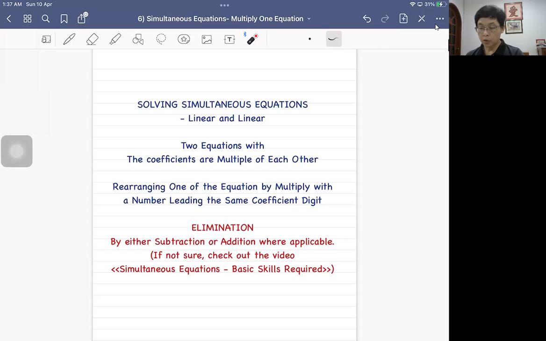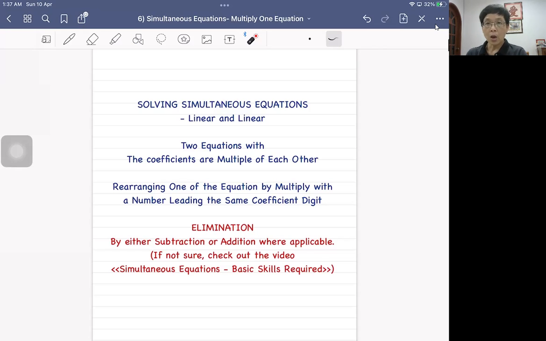Now, I've also stated there that before elimination for this type of questions, what we need to do is first rearrange one of the equations by multiplying with a number that will reform that equation so that it shares the same coefficient digit with its friend.